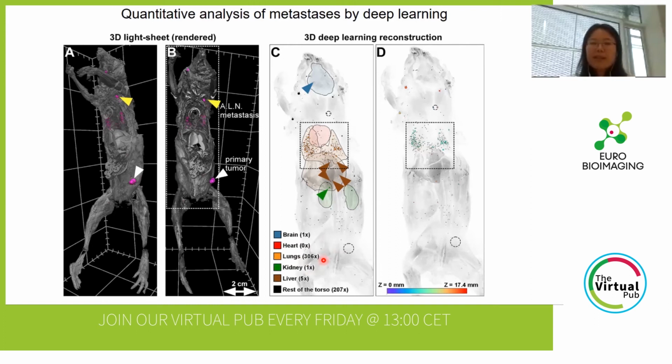For different cancers, using our method, we can see that the ratio, or the percentage, of metastases in different organs is actually different.